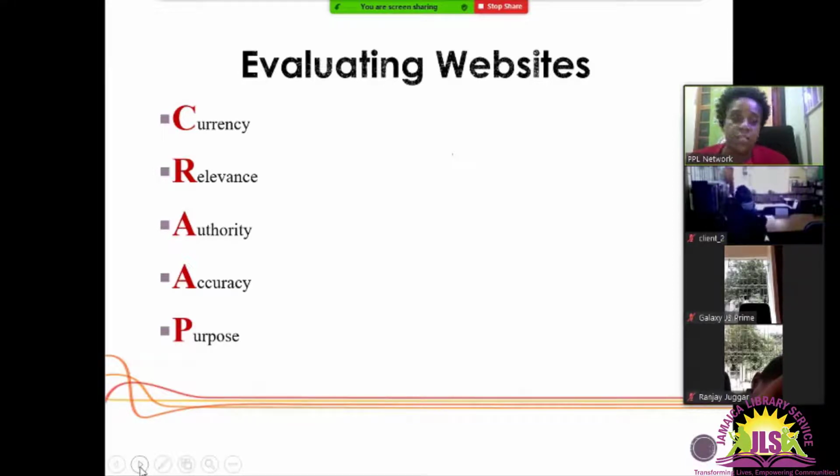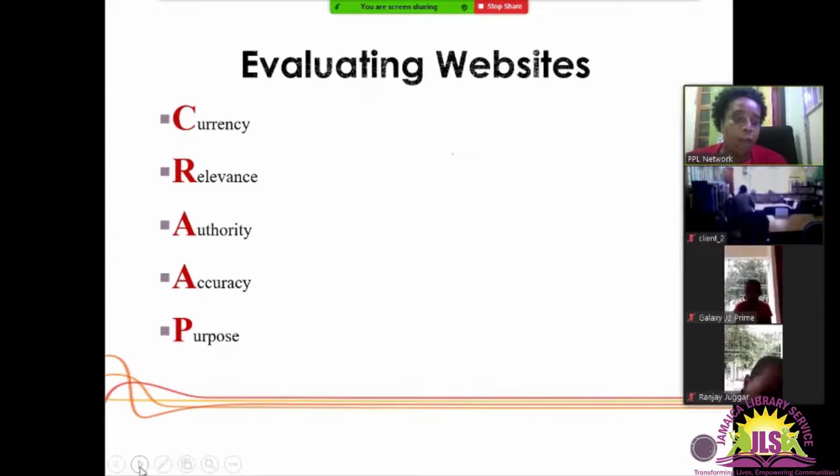So you will need to make sure that your copyright date or your publication date is current in order to get current information. The only time the older dates will suit you better is when you're looking for historical information. So the older date would be better.